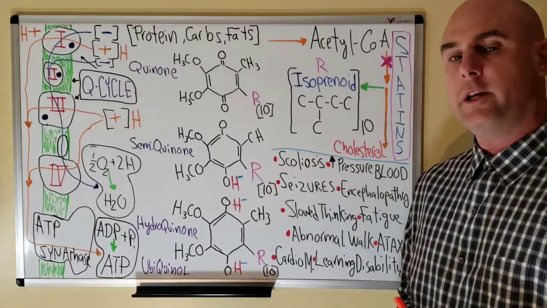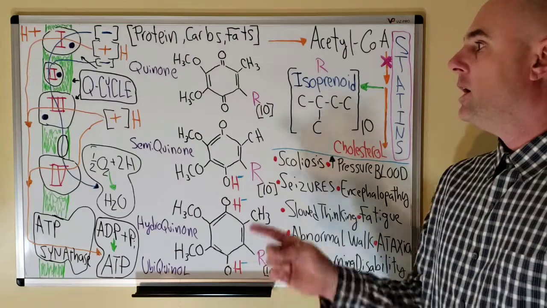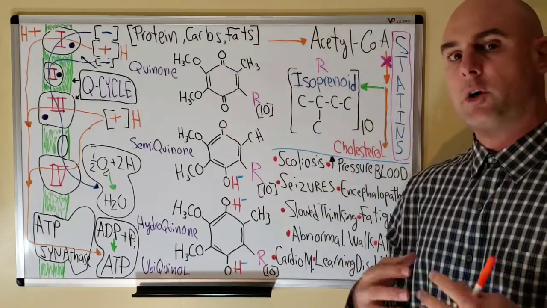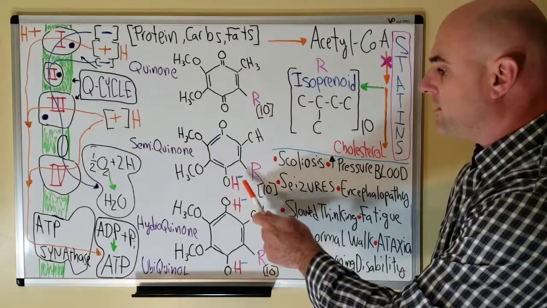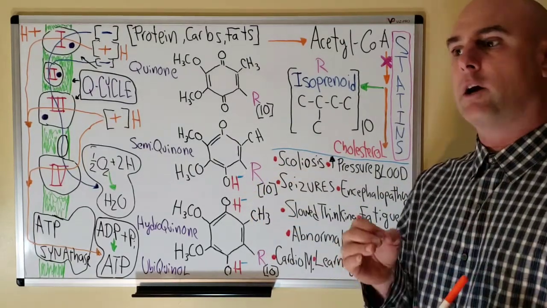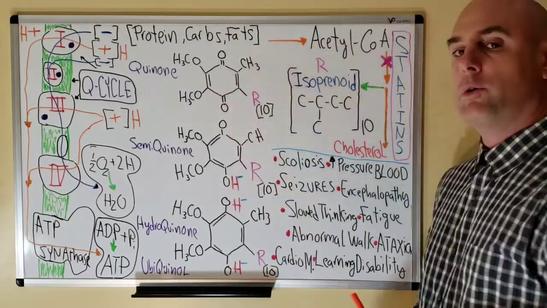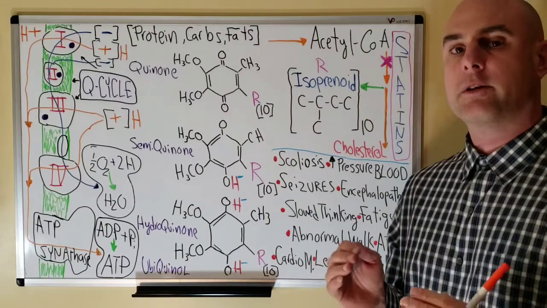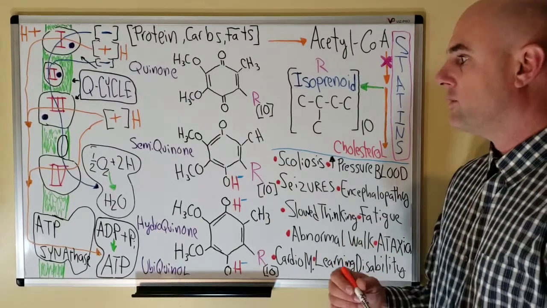And electrons here are represented by the hydrogen atoms. So we have a quinone version of CoQ10 at the top here that is completely oxidized because it does not have the addition of any electrons available to bind to it. It has no additional electrons associated to it.